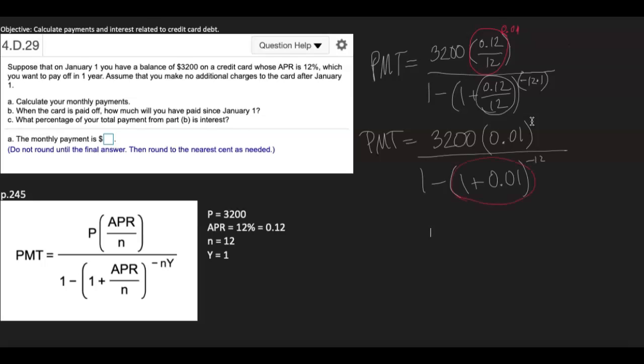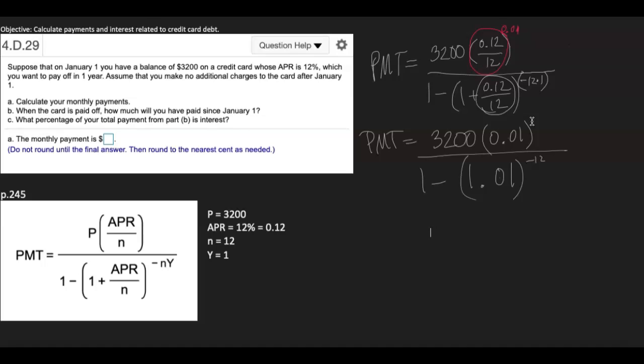So 1 plus 0.01 would be 1.01. And just to save a little bit of space, I'm going to move this and evaluate it in that spot. So that was, again, 1.01 raised to the negative 12. So that still stays there.